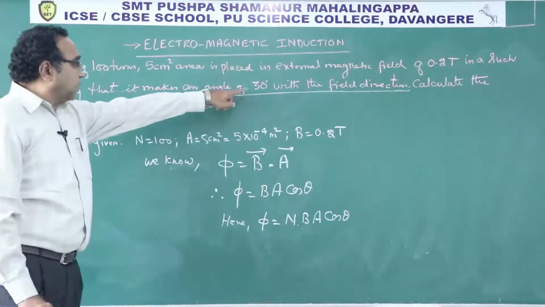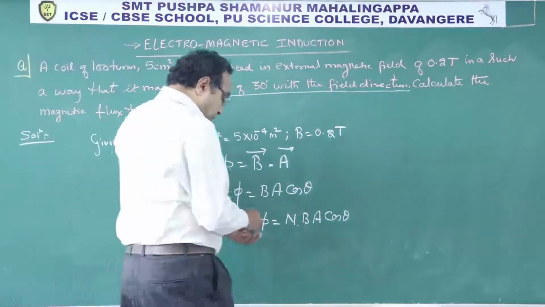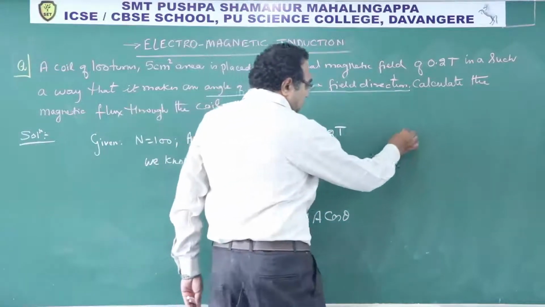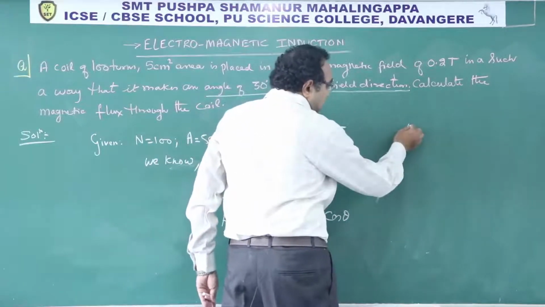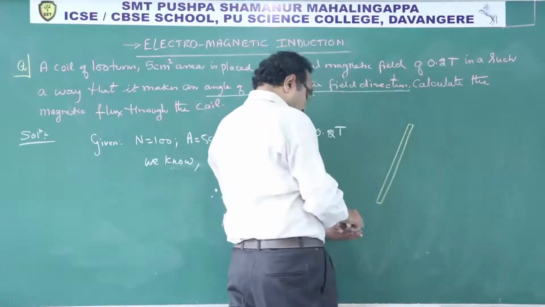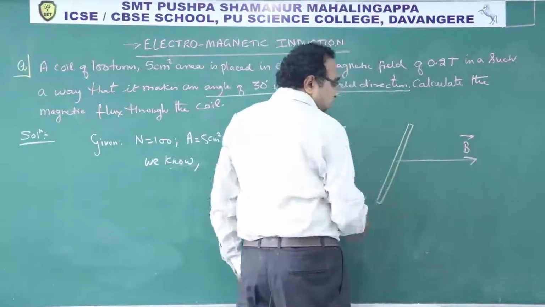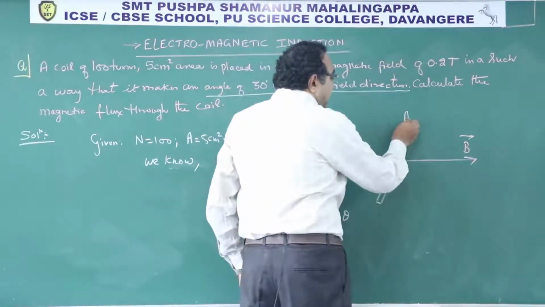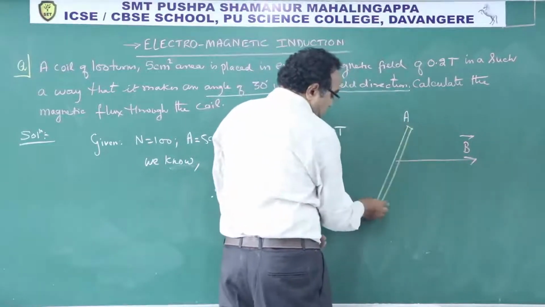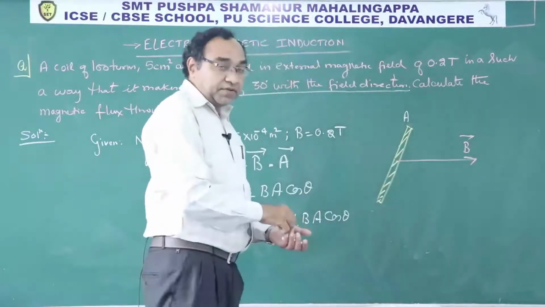Now see, it says angle 30 degrees with the field direction. If you see it in the form of a diagram, then it is this way. This is the plane of the coil. Magnetic field is this way. This is your area, the coil. Now what does it say?